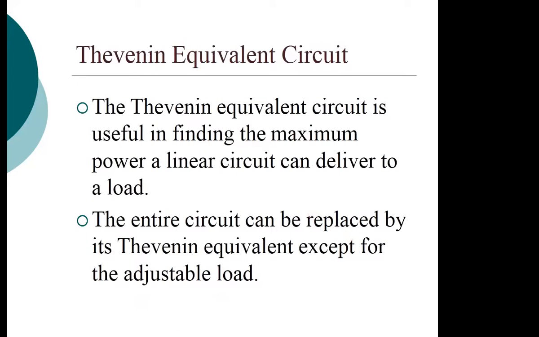Now, we have talked about Thevenin's equivalent circuit and Thevenin's theorem. And we realized that Thevenin's theorem helps us to convert a network into a simple power supply with a source and a resistor in series.